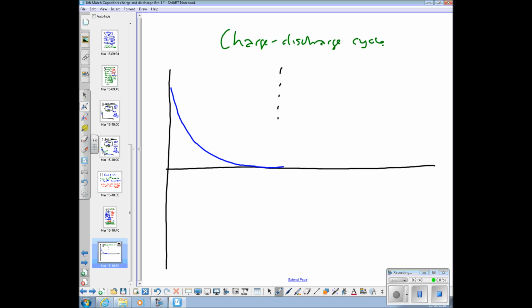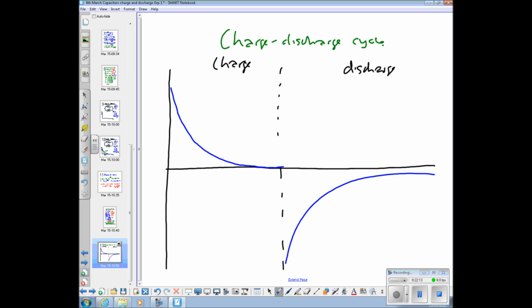Put a dashed line here and say charge, discharge. During discharge, the current starts and it goes in the opposite direction.